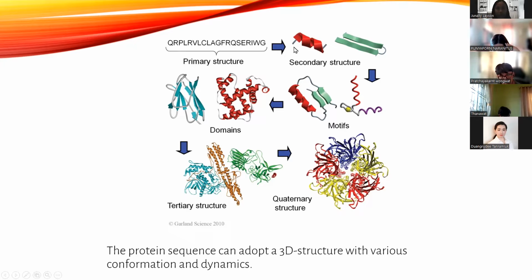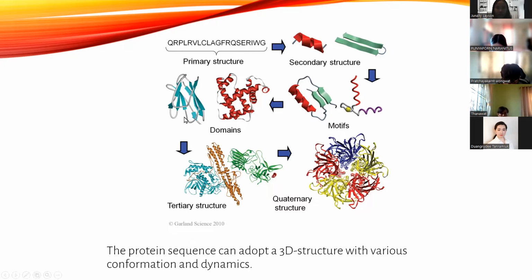And if these amino acids in the long string have repeating torsions and form secondary structures, they will have characteristics like a spiral shape called the alpha helix, or if it comes on the right and goes back to the left like this, it is called a beta pleated sheet. And if there is a combination of them, such as alpha and alpha or beta alpha beta, this will be called a motif. And if they come into a recognizable shape, a recognizable fold, we call it a domain.